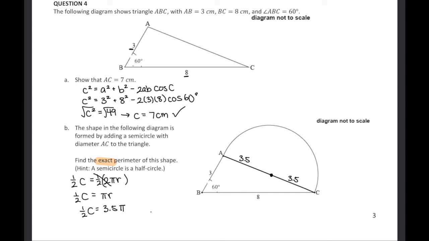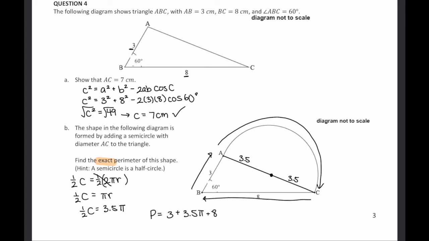So the perimeter, the distance around this very strange shape, is going to be this. Length BA is 3, and then we're going to go around the half circle, and we just found out that that is 3.5 pi, and then we go back across from C to B, so that's 8.